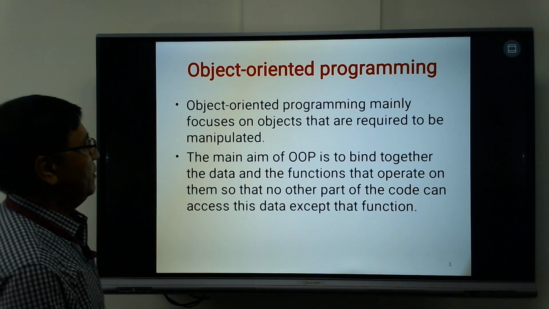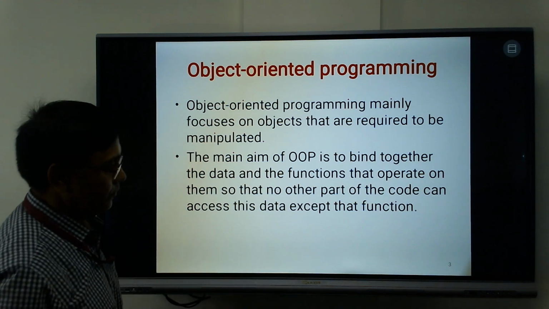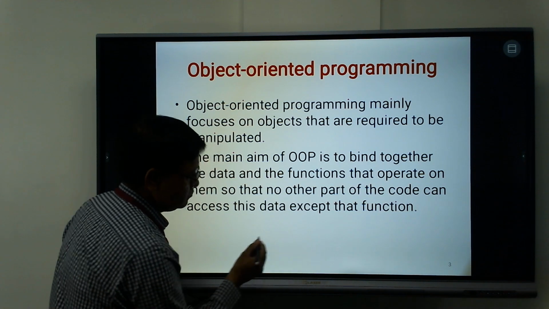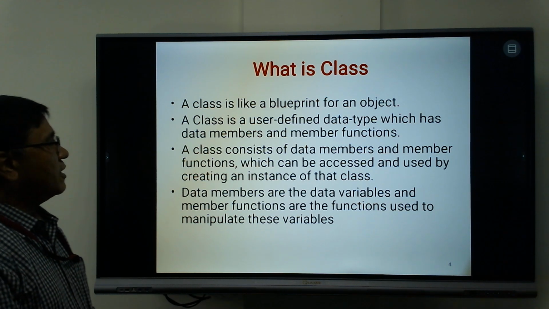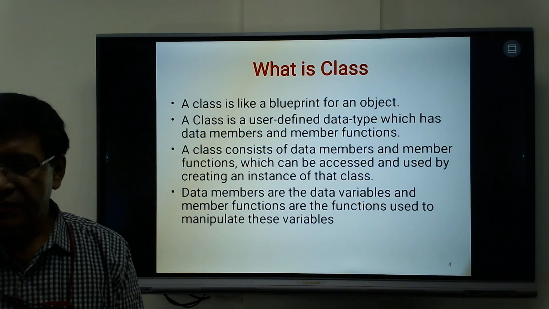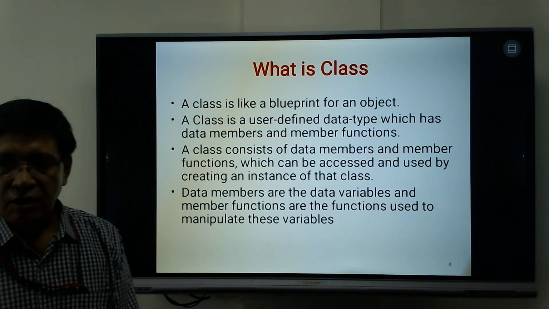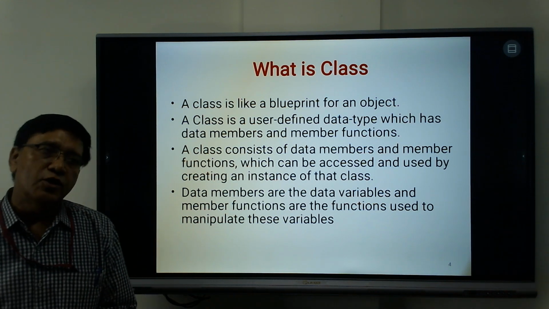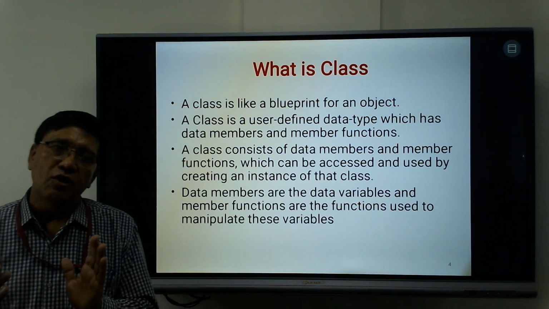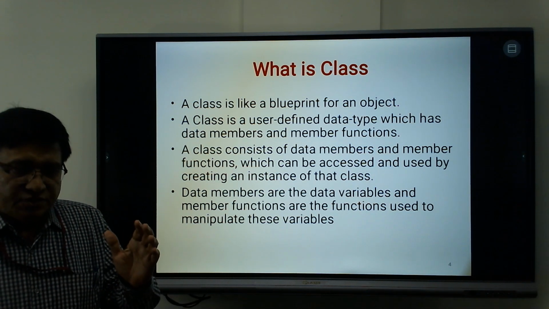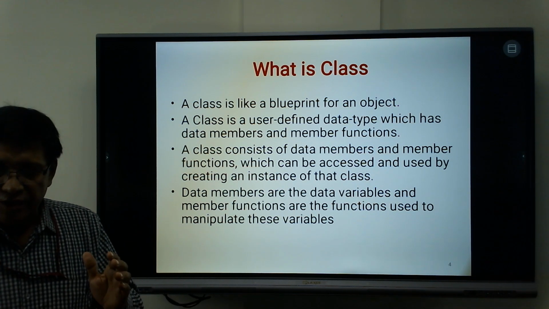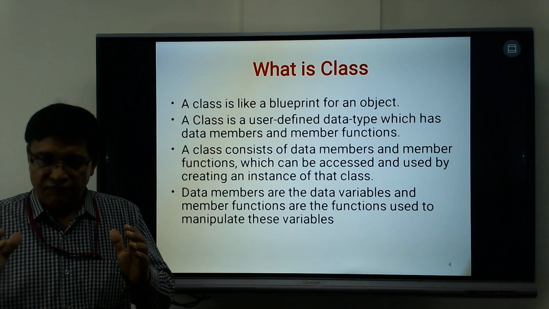So you should know what is a class. A class is like a blueprint for an object. See, if you want to maintain the data of an employee, then your objective is to manage the data of the employee using the variables and the functions.